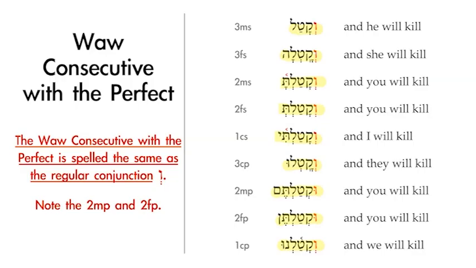Secondly, it is helpful to observe that the conjunction waw is spelled as shureq with the 2MP and 2FP forms because it is prefixed to a word that begins with vocal shewa. Lastly, it may help to observe that in the 2MS and the 1CS, the accent mark gets pushed forward to the last syllable. Now that probably won't mean much to most of you, but there are times when that accent mark can help you to distinguish between the regular perfect and the consecutive perfect, so it's good to keep that in the back of your mind.